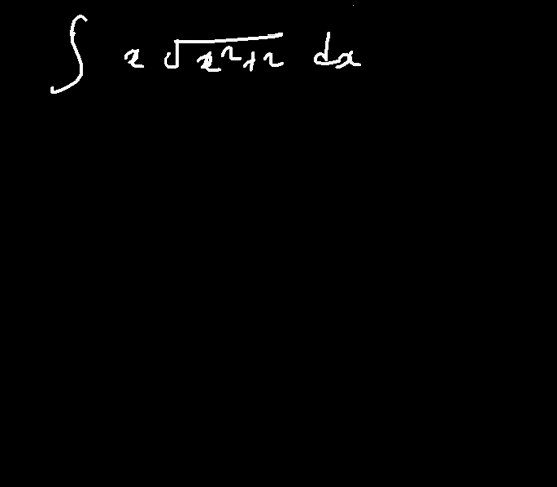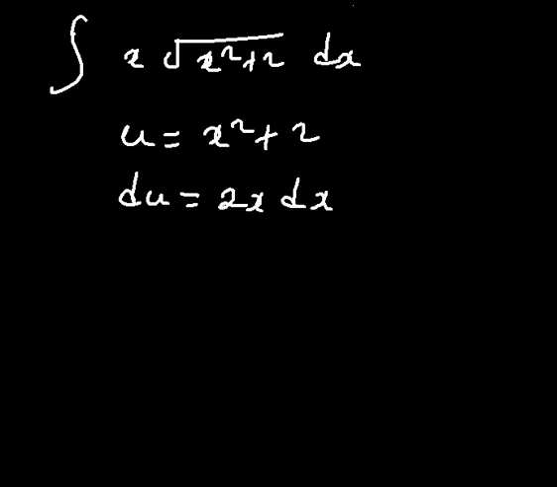The integral of this expression is done using U substitution, where we let u be given as x squared plus 2, and now the derivative of u is given as 2x times dx, since the derivative of 2 is 0. Now we make dx the subject, so dx is equal to du over 2x, and now we substitute.